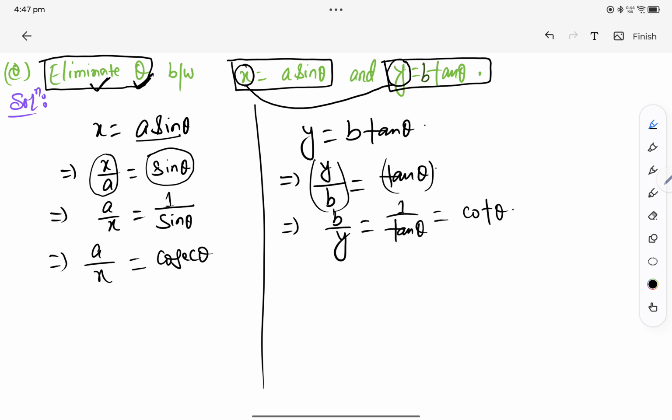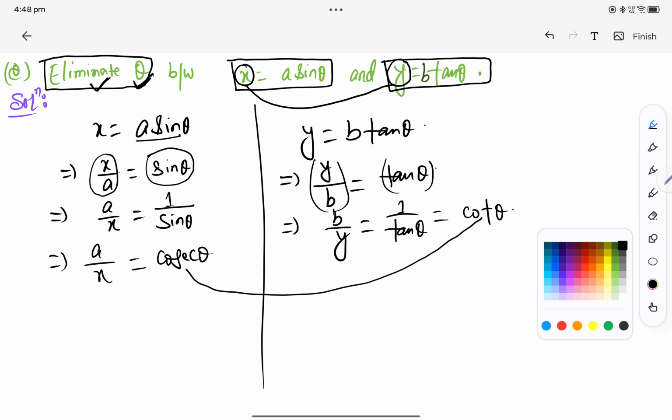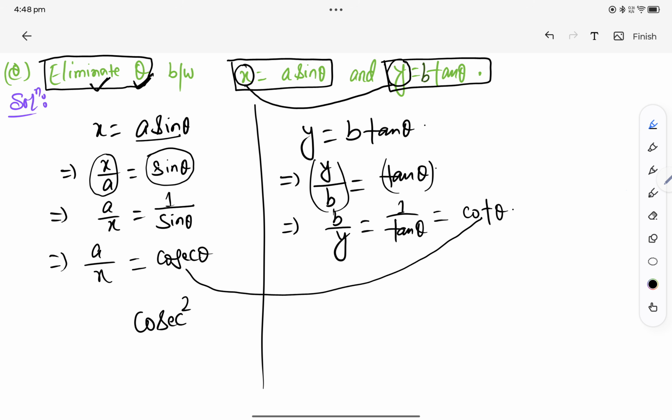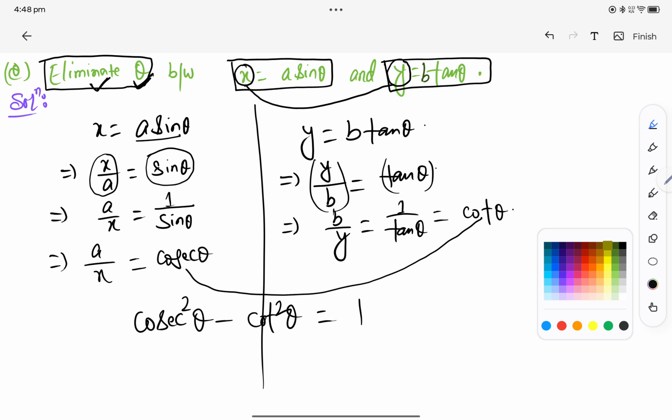Now, do you find any direct relationship between this cosec theta and cot theta? So you know the identity that cosec square theta minus cot square theta is equal to 1.